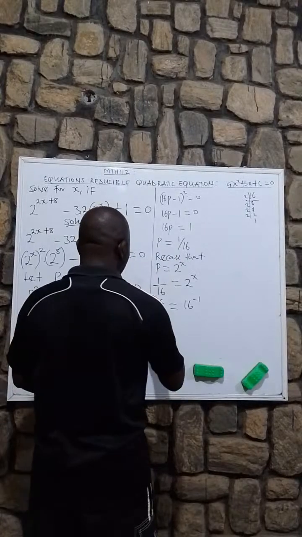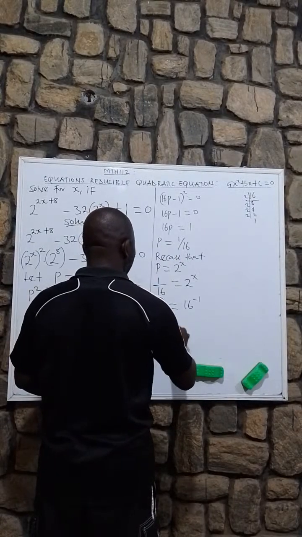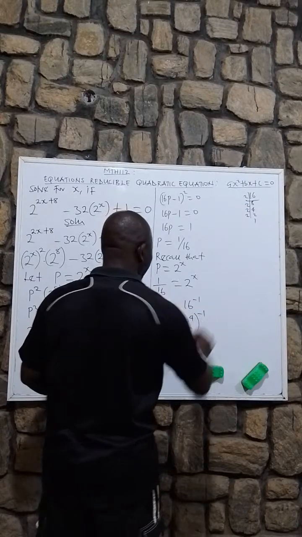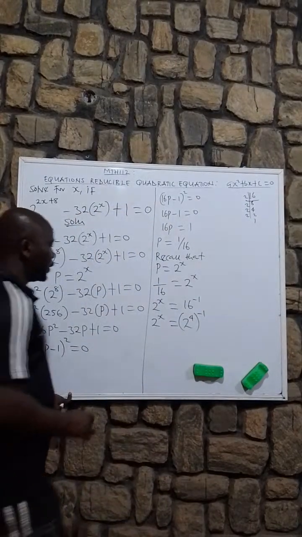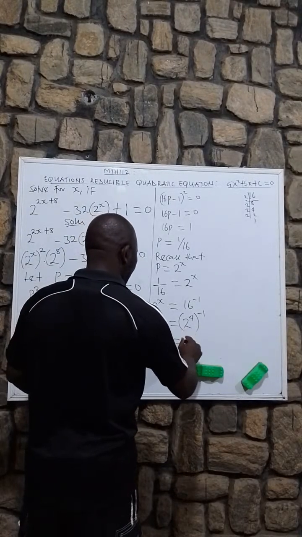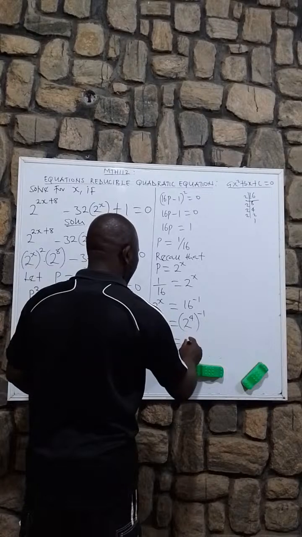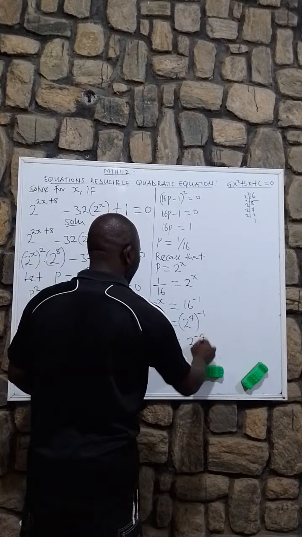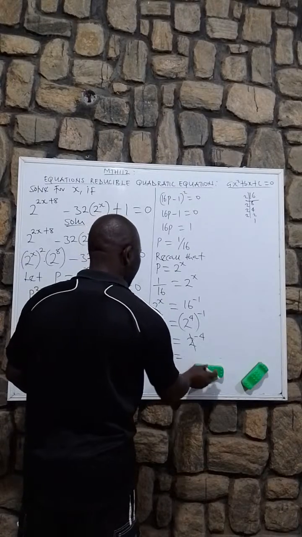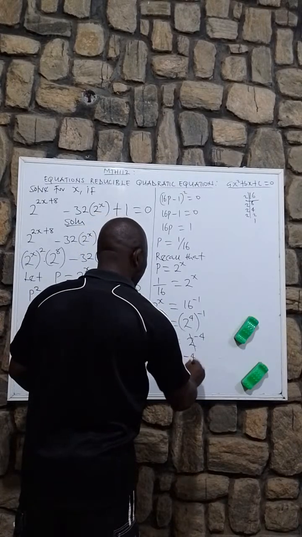So here will now be 2 raised to the power x equals 2 raised to the power of 4, open bracket, raised to the power minus 1. Then 2 raised to x equals, this times this, 2 raised to the power of minus 4. The bases cancel. Our x equals minus 4.